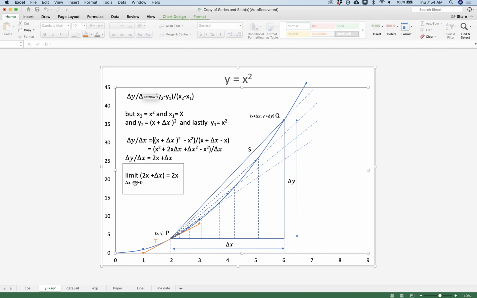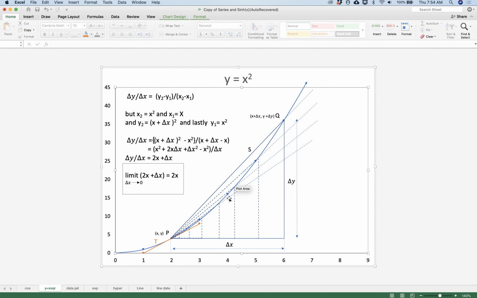And that's the expression that we're left with for this delta y over delta x. And we take the limit then of this expression as delta x goes to 0. And when it does, the function goes to 2x. And that happens to be our derivative of this function, y equals x squared.